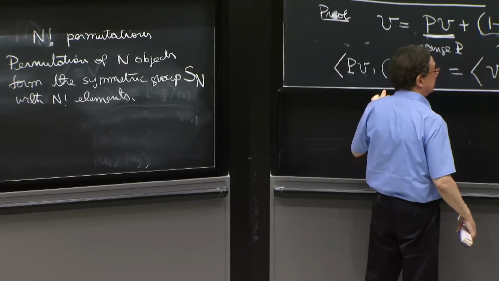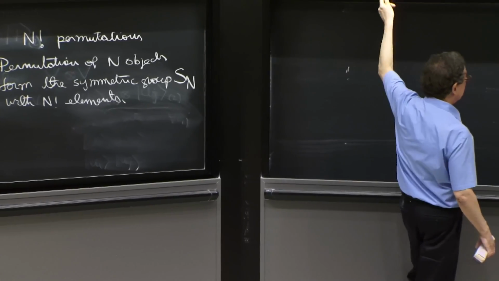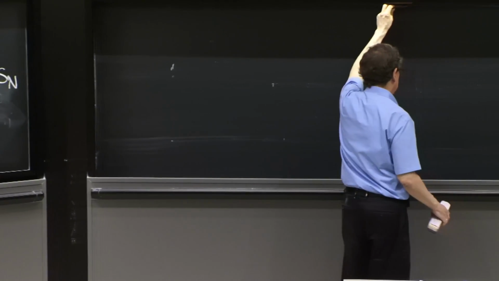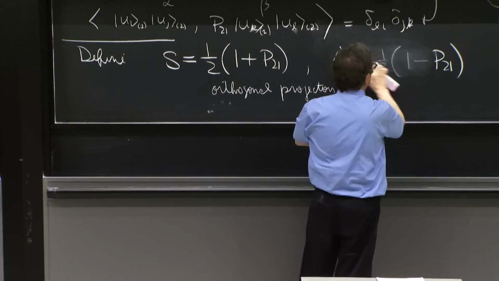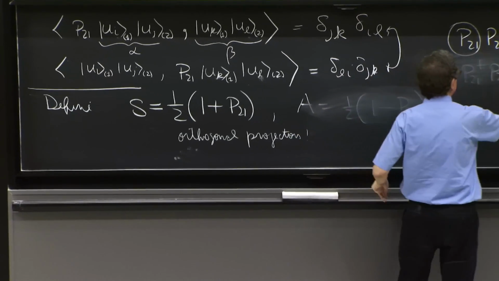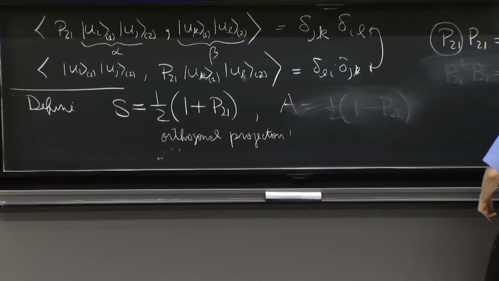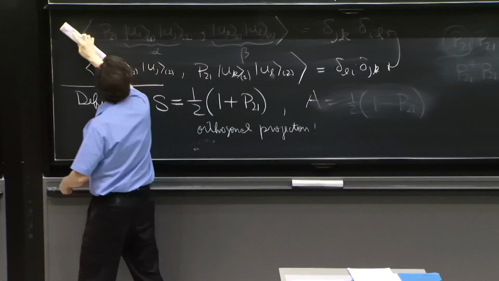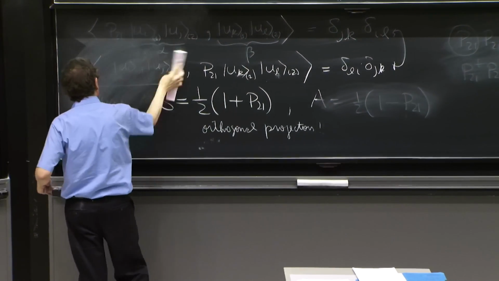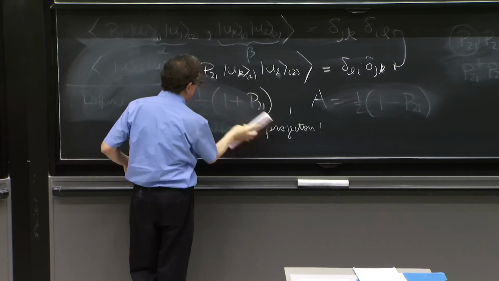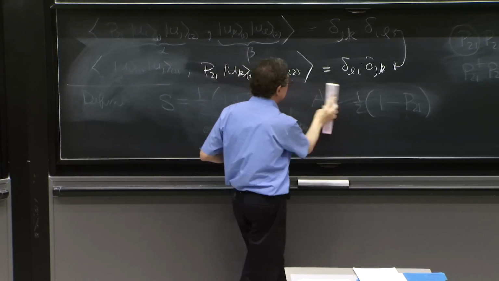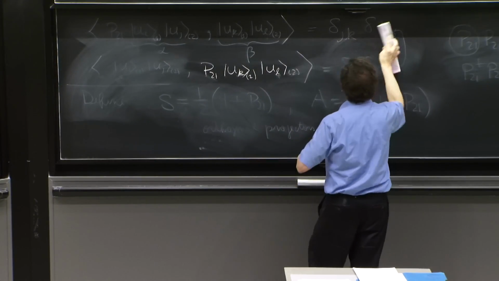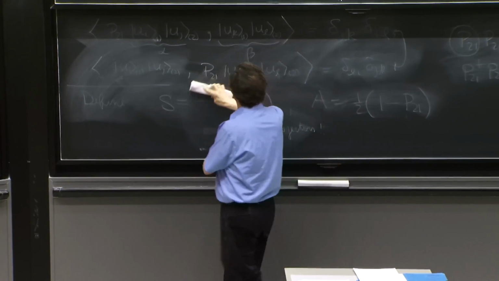A group of transformations is a set of elements that can be multiplied. There is an identity, and things have inverses as well. So permutations have inverses. If you rearrange the objects in one way, you can rearrange them back.